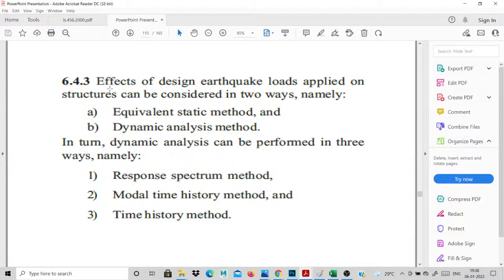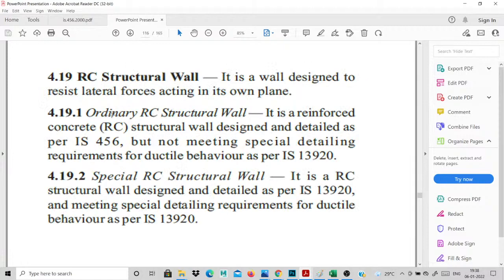There are so many dampers. Otherwise, you go for base isolation techniques. There are so many techniques. You choose once you have calculated the lateral force and base shear by the equivalent static method. This is the basic thing about the methods.